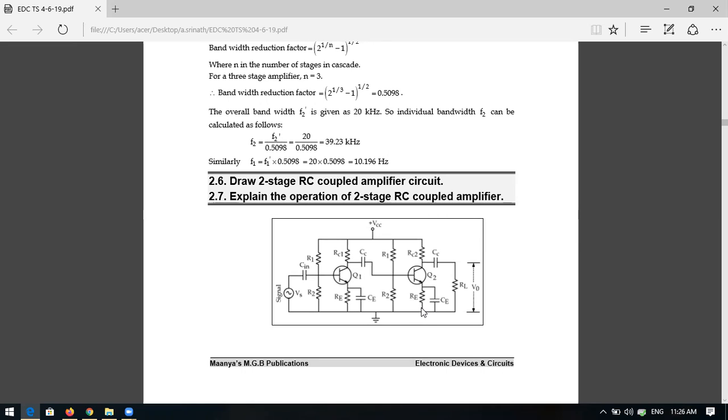That means you are enhancing the voltage gain more and more by increasing the number of stages. That is the reason you go for multi-stage amplifiers or multiple amplifier stages.